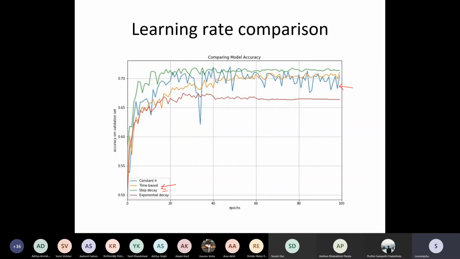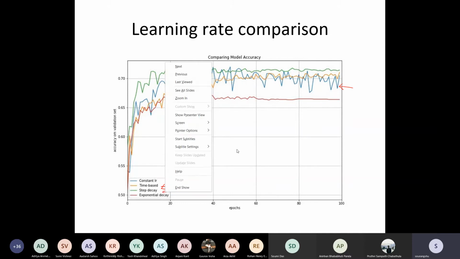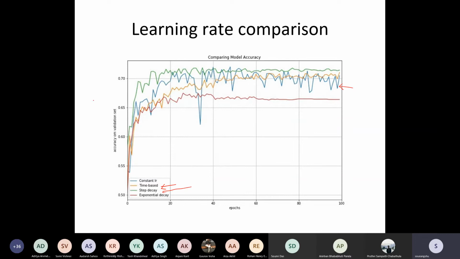There is also the step decay step size rule, where instead of decaying the step size like this over time, you keep it constant for some time, then reduce it, then keep it constant and reduce it again, and so on. This is the green one.